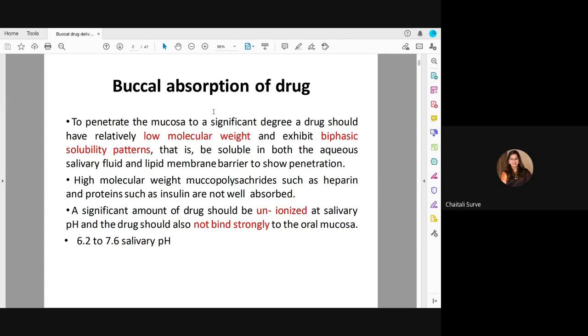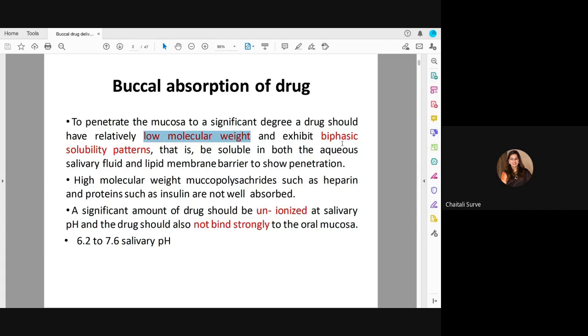We all are aware that buccal or gingival mucosa has relatively lower permeability. So in that case, we would prefer a drug which has a low molecular weight, so that it can easily permeate through the mucosa that we are talking about.